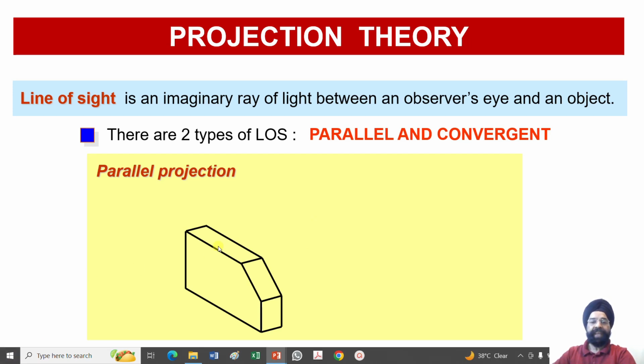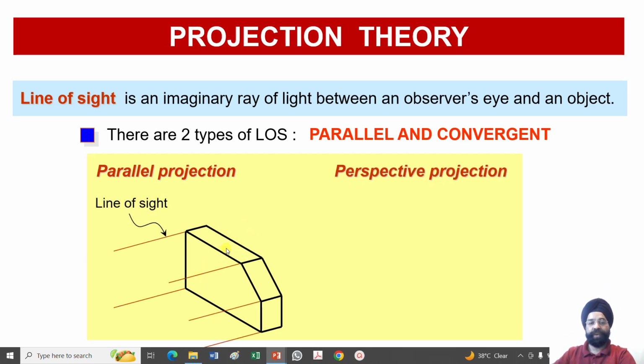That way, the distance between the object and the observer is not going to affect the size of the object or the size of the view or image that we realize. Irrespective of this distance, we are going to realize the same shape of the object or the view. This is the actual method through which we draw all the projections in our engineering drawing.